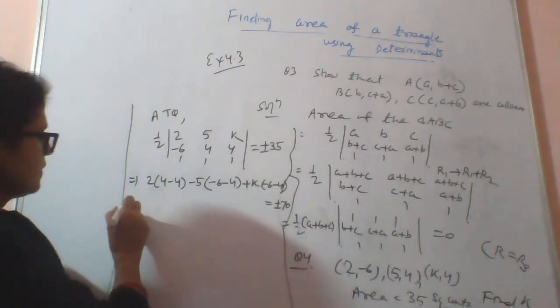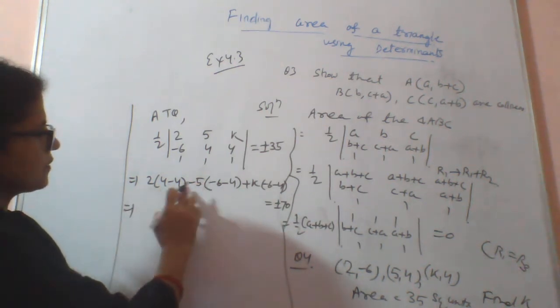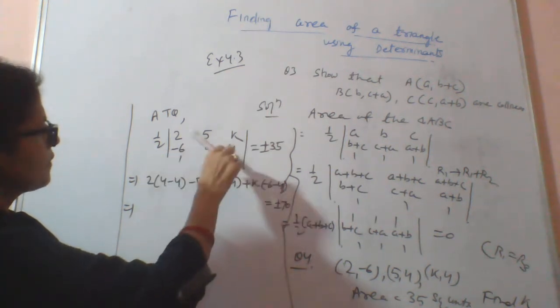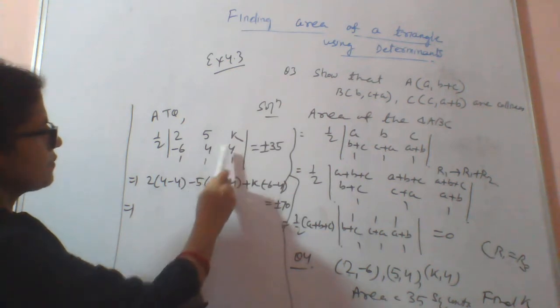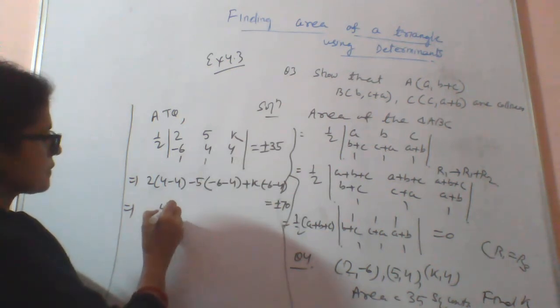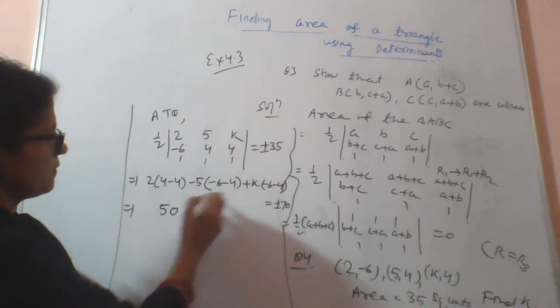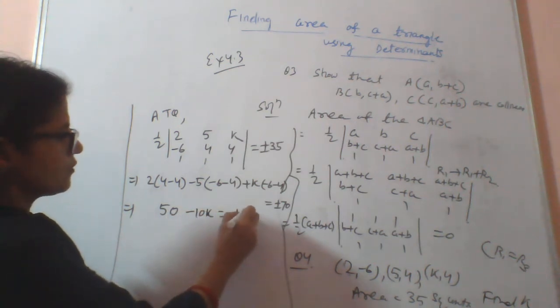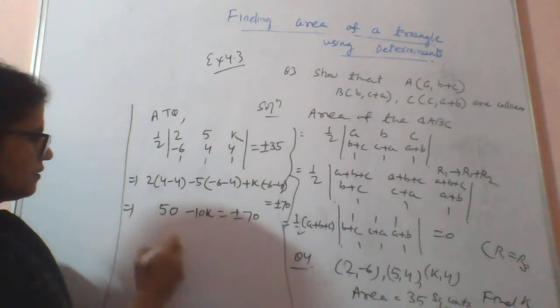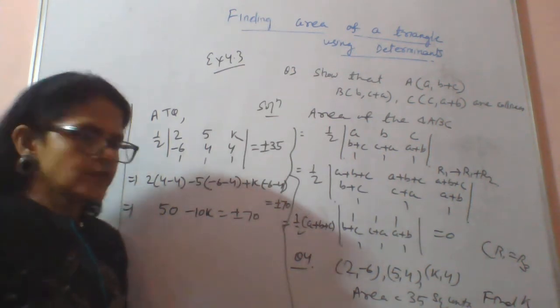70. Okay, so you are having minus 5 into minus 6 minus 4. So you are getting 50 minus 10k equal to plus minus 70. So you have two possibilities here.